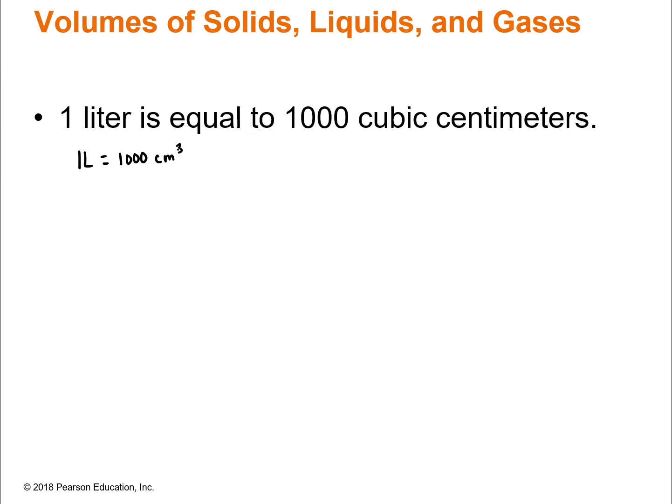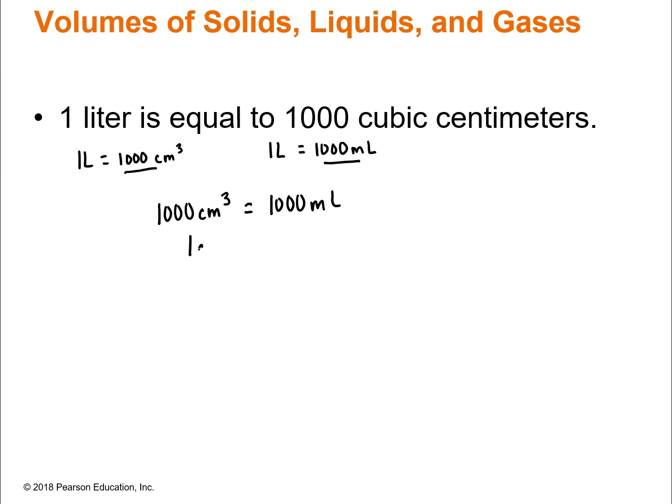We also know from our prefixes and writing those equalities that 1 liter is also equal to 1,000 milliliters. If both 1,000 cubic centimeters and 1,000 milliliters equal 1 liter, then we can also say 1,000 cubic centimeters is the same thing as 1,000 milliliters.